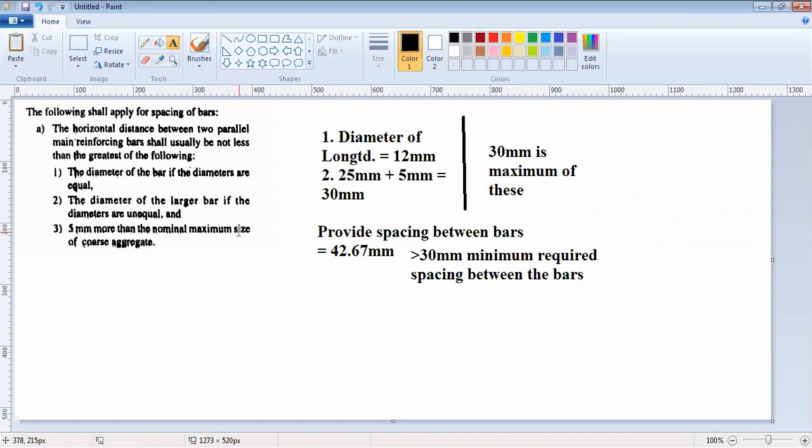Because the aggregate has to fit in between these reinforcing bars. We are providing 4 bars here now. Those aggregates have to fit in between. So minimum spacing is required.